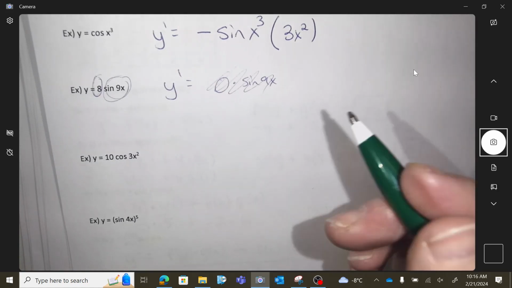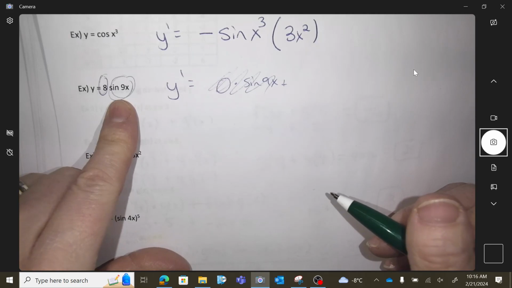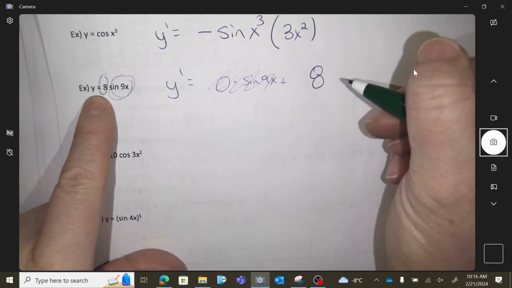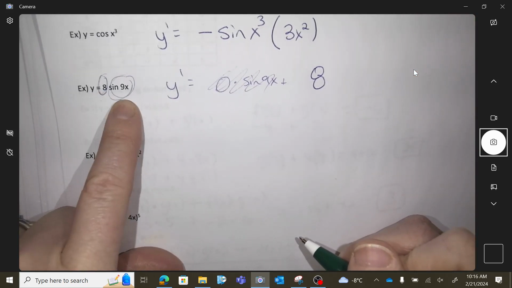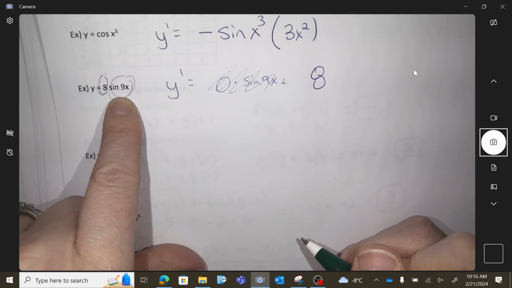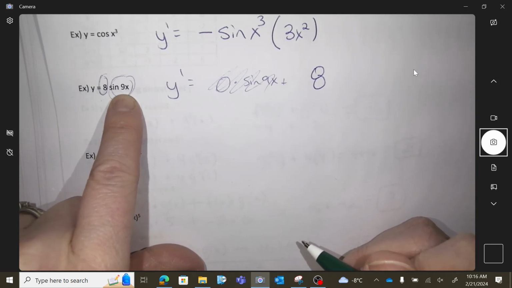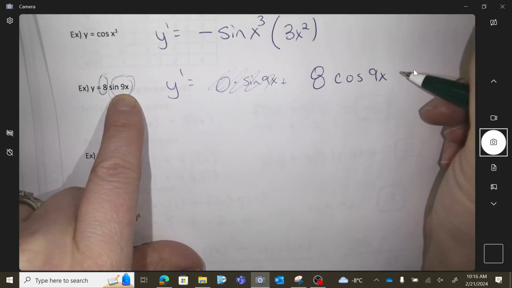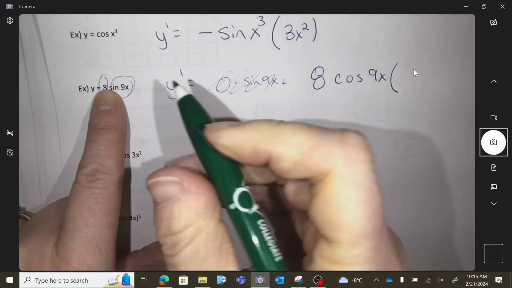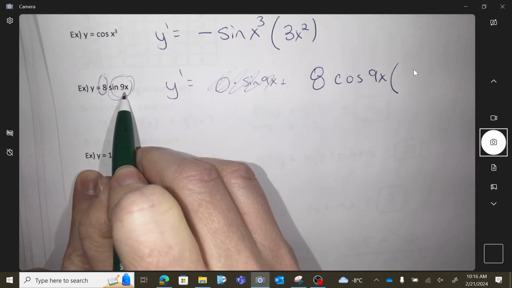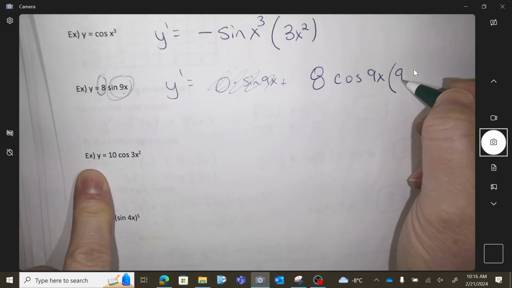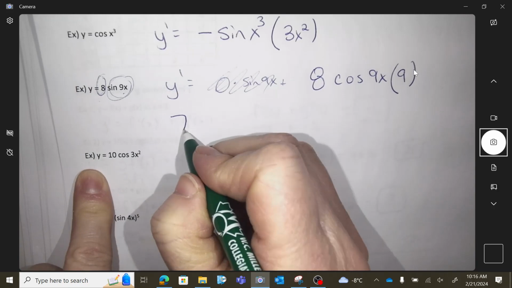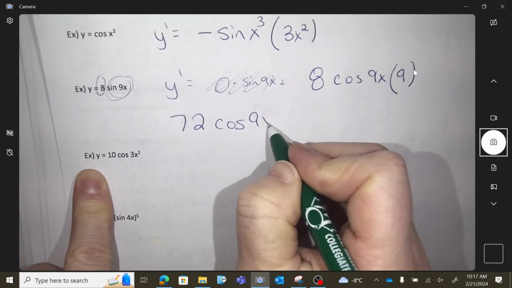Right? Plus, and then you would keep the 8, derive this. So what's the derivative of a sine function? Cos of that function. Attach the derivative of 9x, which is just 9. So this would be 72 cos 9x.